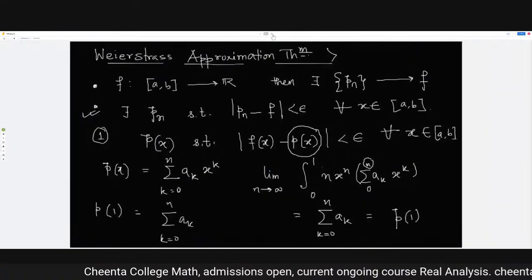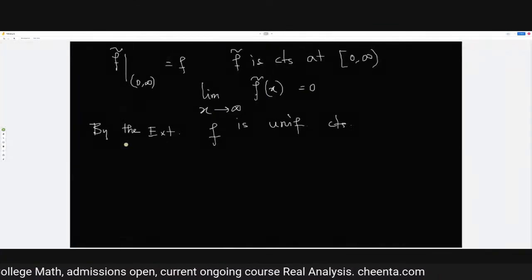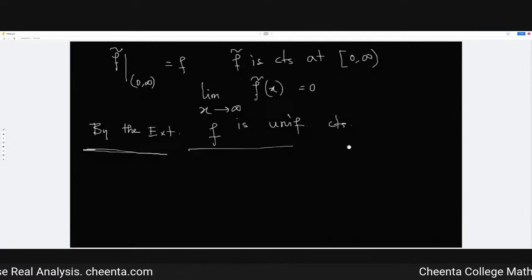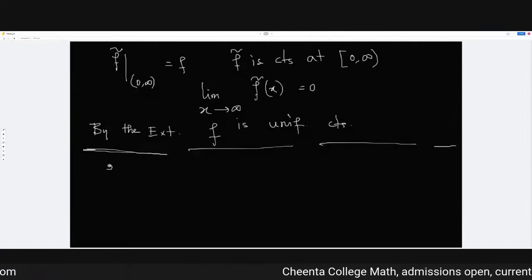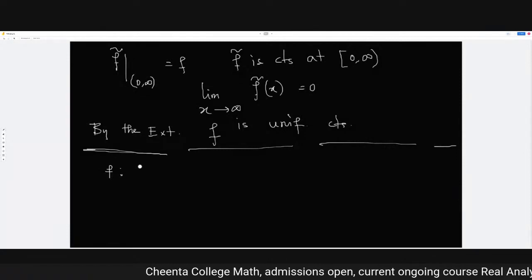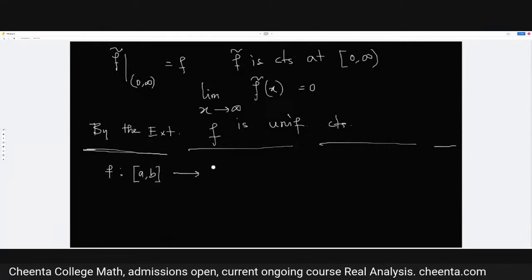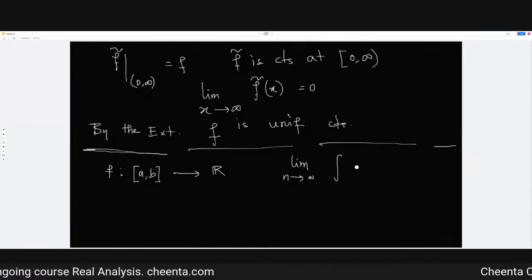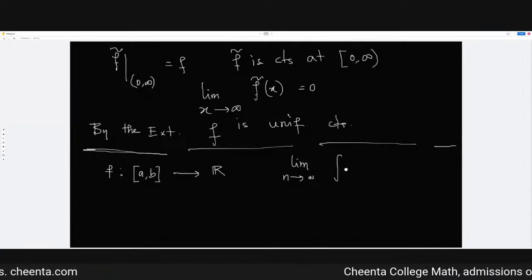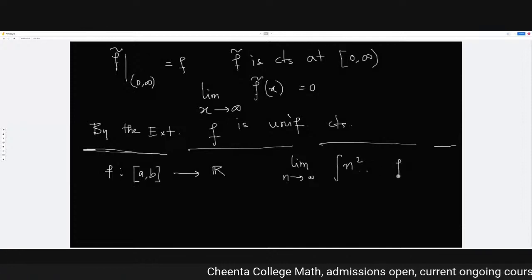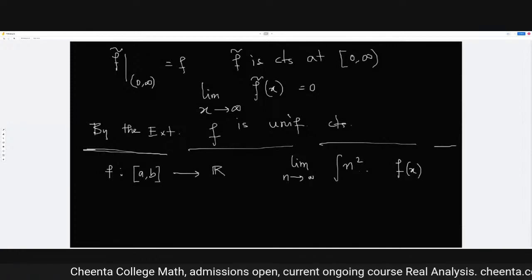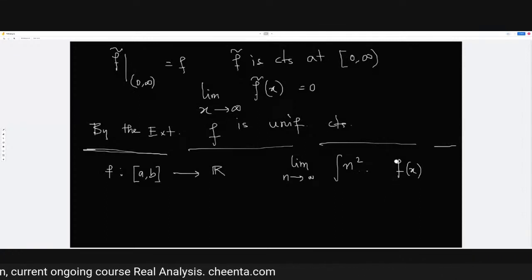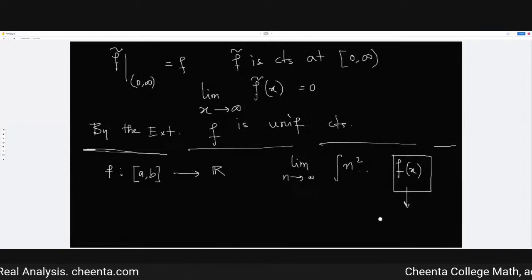So what you should take from here, the competitive exam remark that you should always have in the back of your mind when you are trying to solve these questions, is this: whenever you have any continuous function from a closed interval a comma b to R, and there is this type of limit as n tends to infinity, let's say with n square and so on, and you have been given f of x and are asked to compute the limit, the Weierstrass approximation theorem tells you to use f of x as a polynomial.